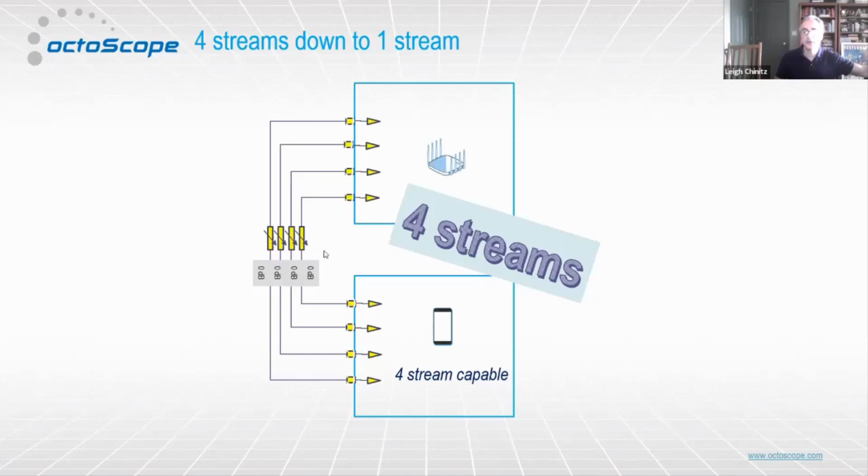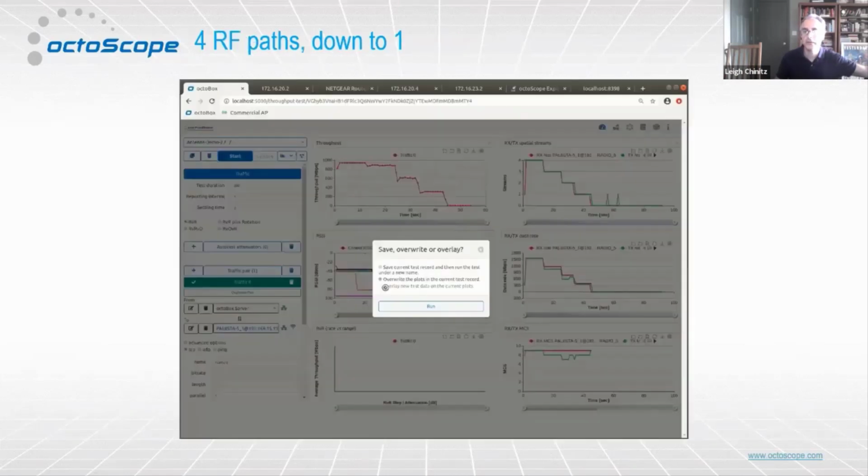If you start to choke them down, for example by turning off one of the paths by increasing the attenuation and leaving yourself with only 3 paths, you'll see the system drop to 3 streams. The AP and the station simply will not be able to support more streams than paths. It'll drop to 2 if we leave only 2 paths, and it'll drop to 1 if we leave only 1 path. So let me show you that.